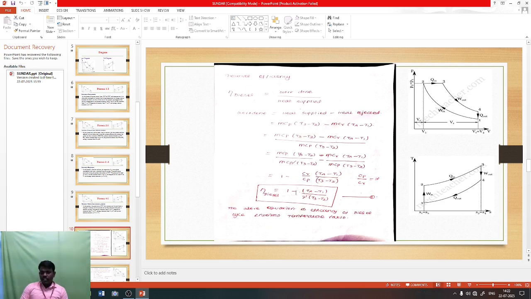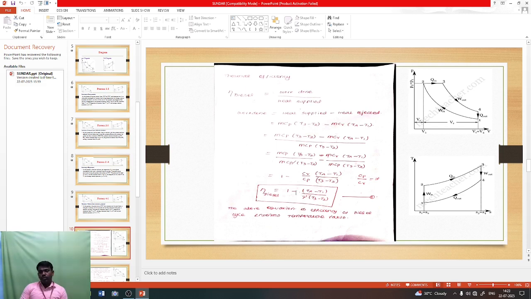The above equation is the efficiency of the diesel cycle in terms of temperature ratio. It is very important because in our equation, eta diesel is equal to 1 minus (T4 minus T1) divided by gamma into (T3 minus T2). Here we have only temperature values, so this equation is related to the temperature ratio.